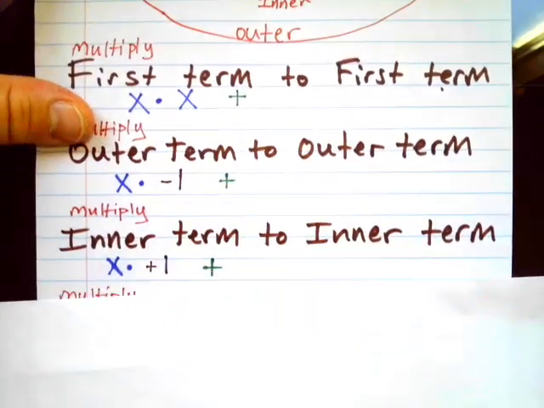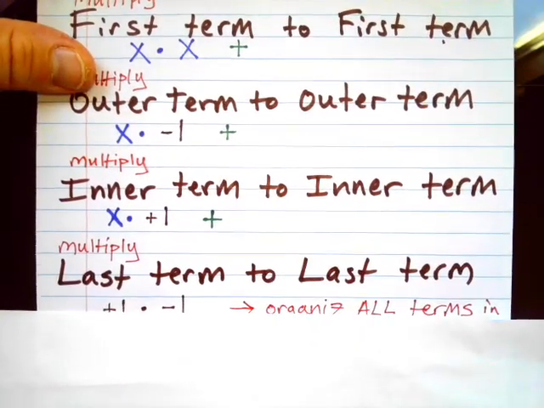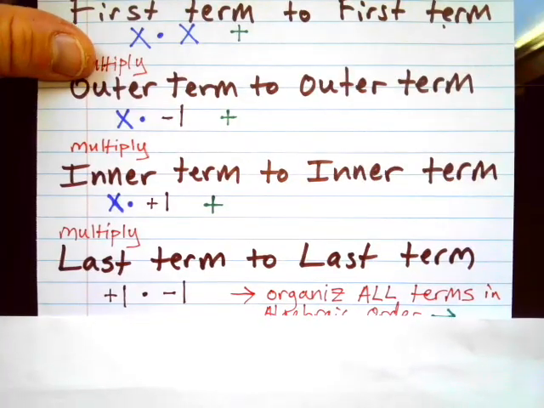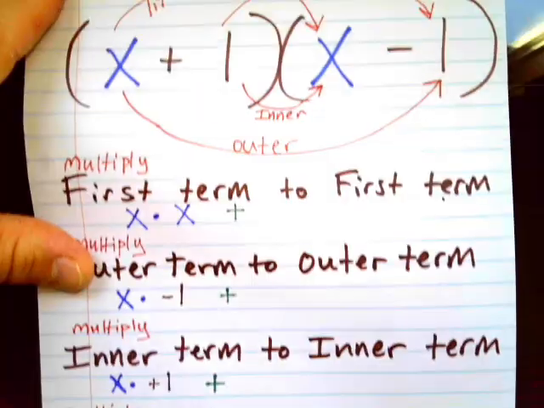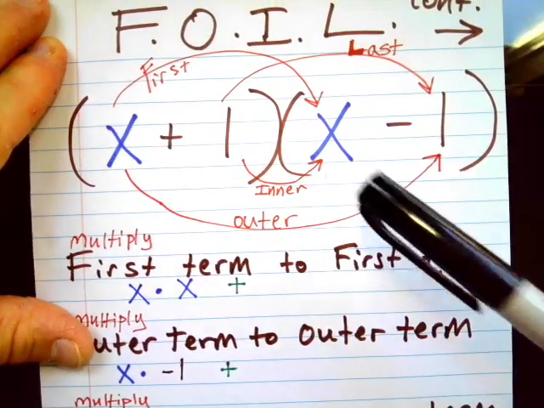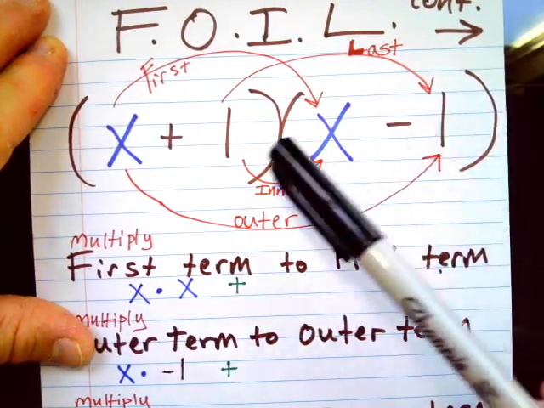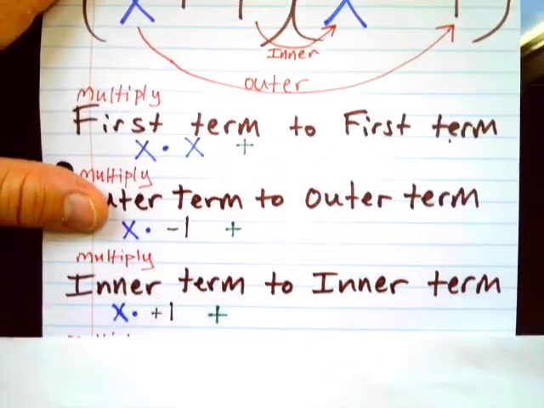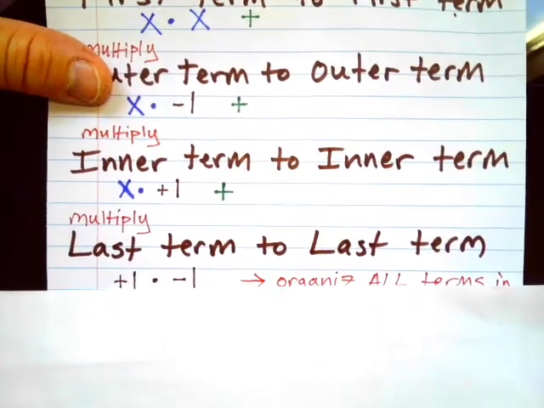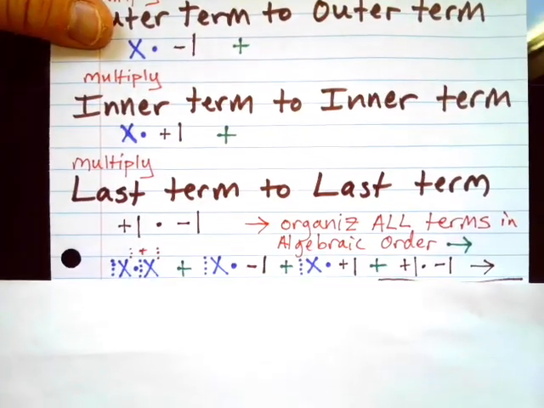And then finally, last term to last term, right? Let's take a look. What does that look like? Last term to last term. All right, so we have last term to last term. 1 times a negative 1. Again, distribution is multiplication. And we're distributing, each term going to be multiplied together.